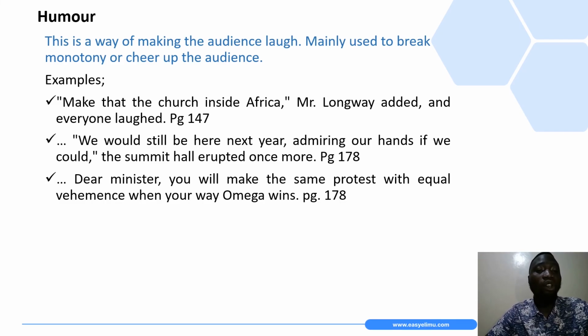So again, we would still be here next year admiring our hands if we could. The summit hall erupted once more. So the heads of state were laughing at this humorous statement that came from the speaker. Then that came from a president who was among those who contributed in the summit.